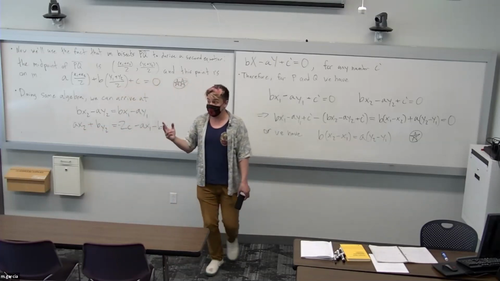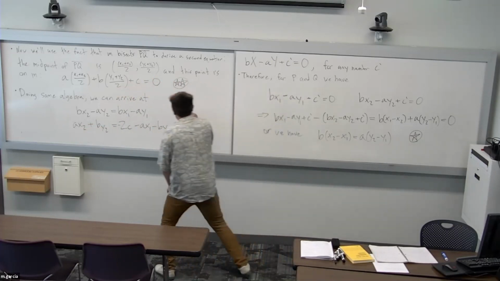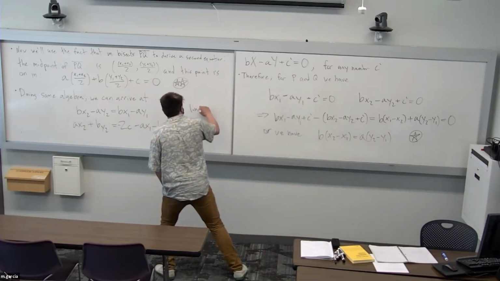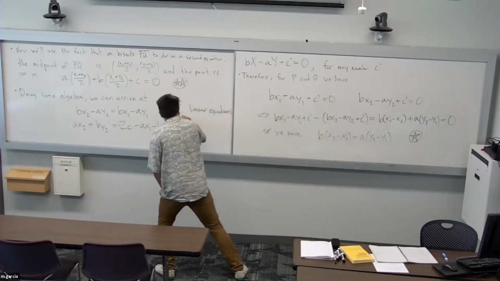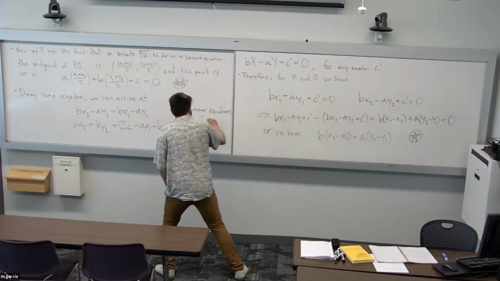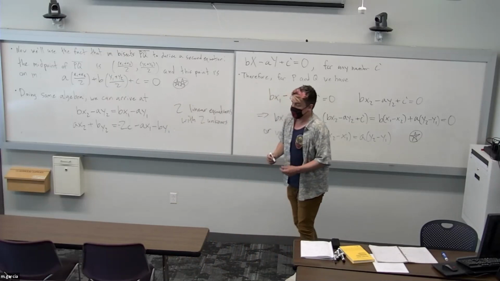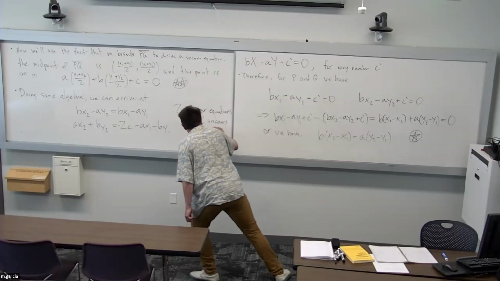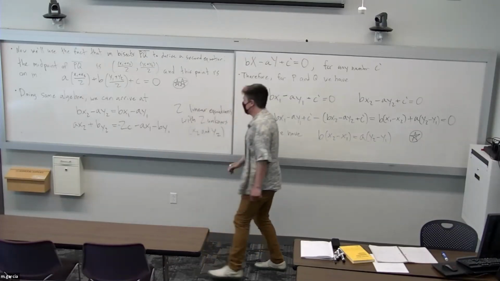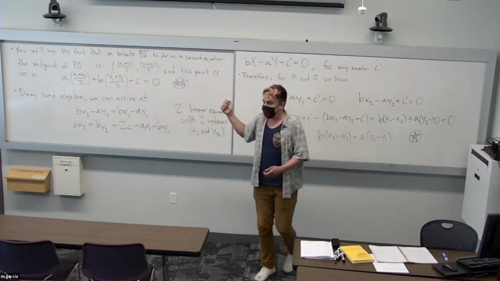Those are unknowns. So we have two linear equations with two unknowns, x2 and y2. We want to solve these two equations for x2 and y2.